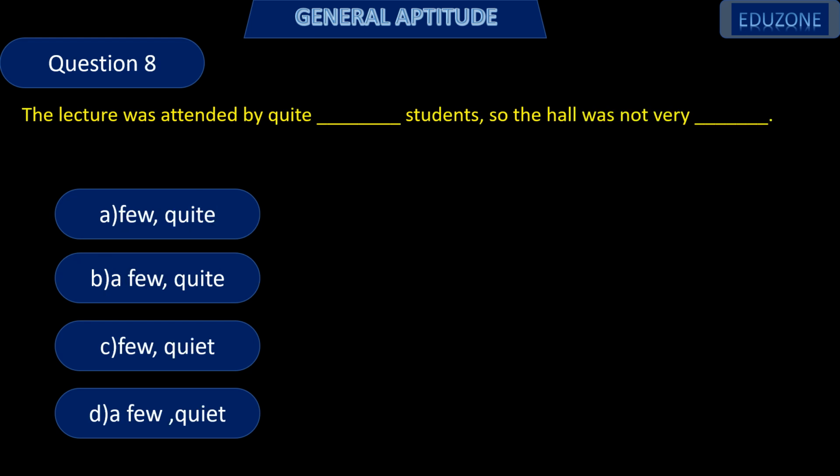Next question. The lecture was attended by quite dash students, so the hall was not very dash. Here, few and a few. Few means a very small number of people, close to zero.